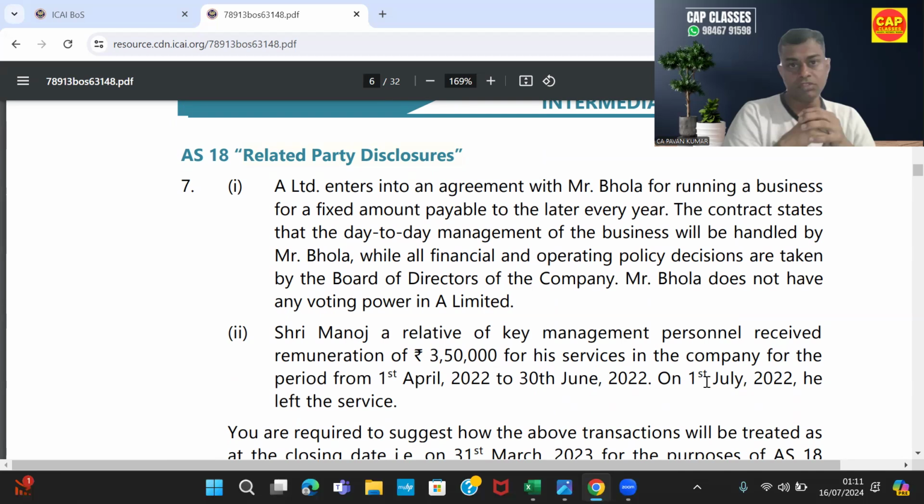Now, if you look at 7.1, the company appointed a person or entered into a contract. It is something like, say for example, you have a retail textile shop.